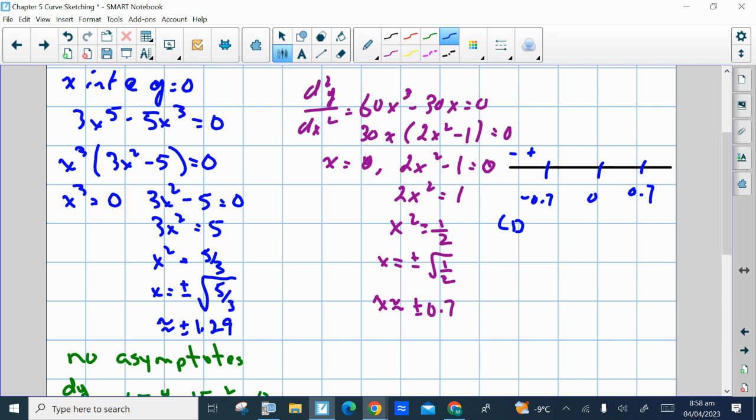Between negative 0.7 and 0, a number like negative 0.5, again, the first factor is negative. Negative 0.5 squared is positive. 1/4 times 2 is 1/2. Take away 1 is negative 1/2. And a negative times a negative is a positive, so the graph will be concave up in that interval.